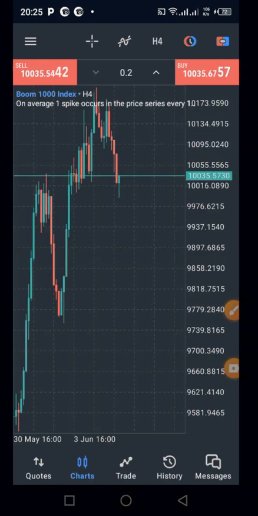Price action simply means studying the price by looking at the behavior of the market, looking at how traders have been behaving in the past by looking at history. It is just like a weather forecast.